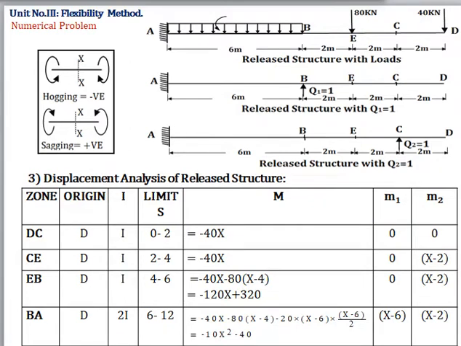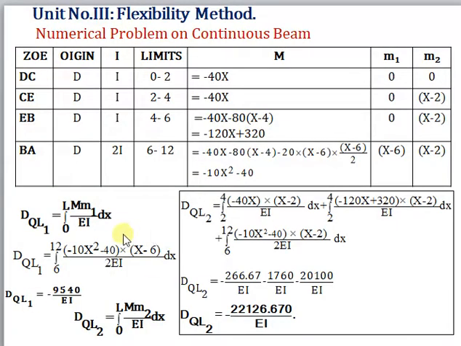Now the next part that we are going to discuss here is the DQL. What is meant by DQL? DQL is nothing but the displacement in the release structure subjected to loads, corresponding to the redundant action.